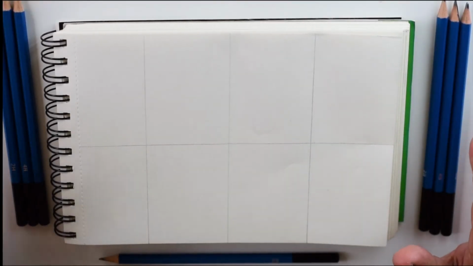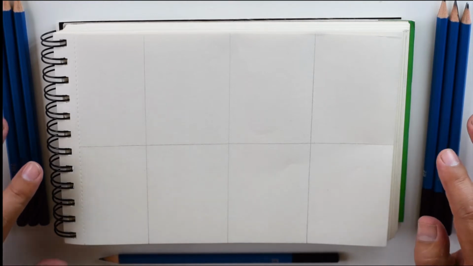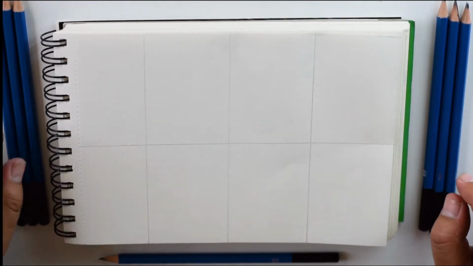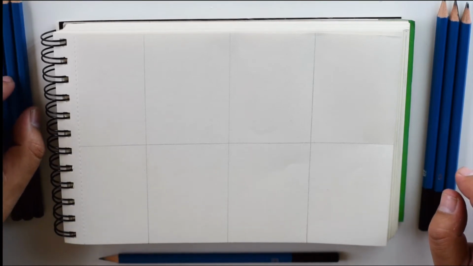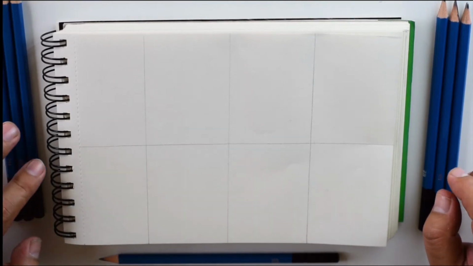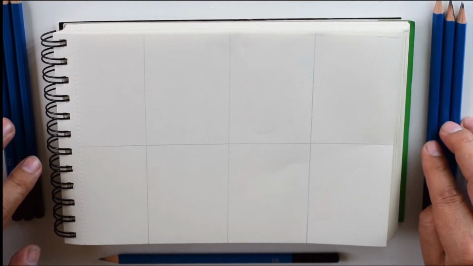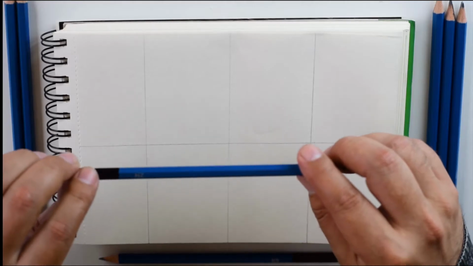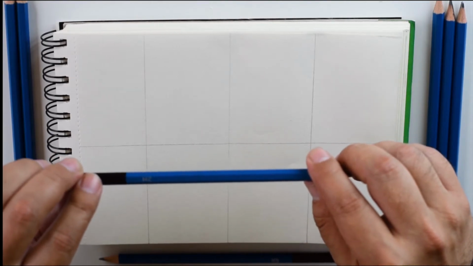In this first session, we will observe that we have our pencils divided into three groups. The first group is the H pencils, and these here are the B. The designation H refers to pencils being much harder.